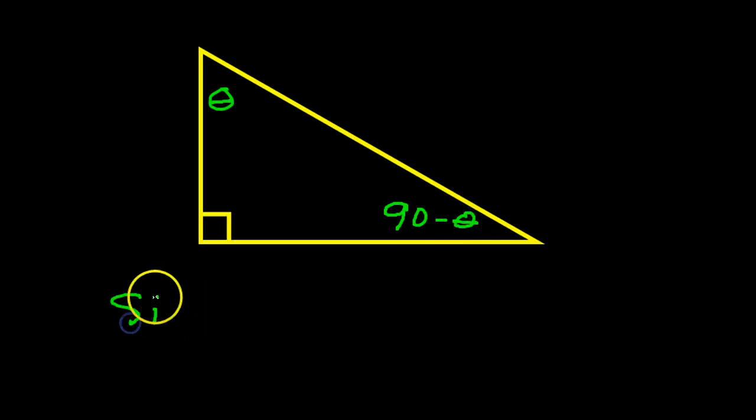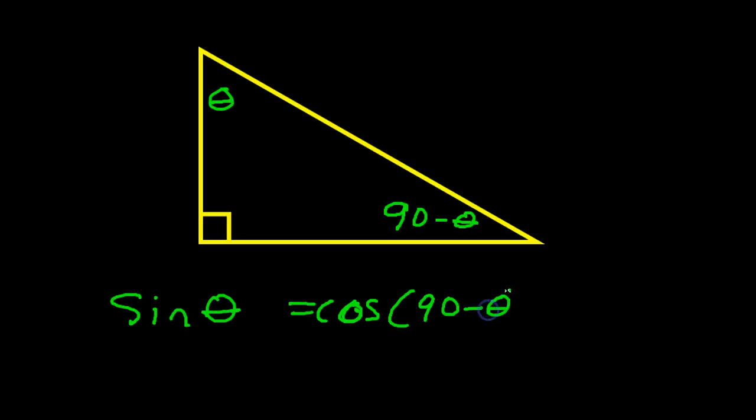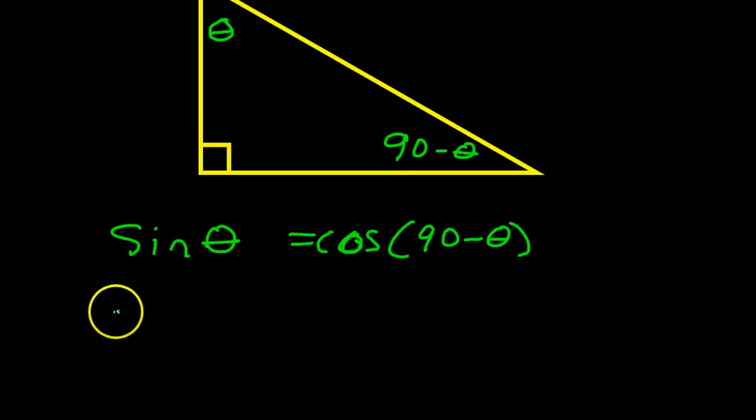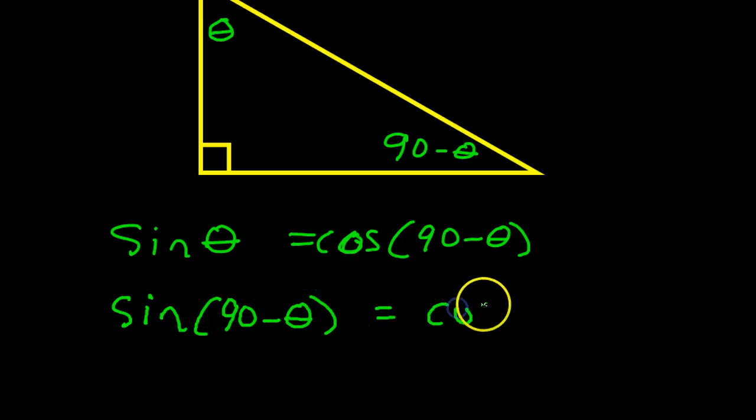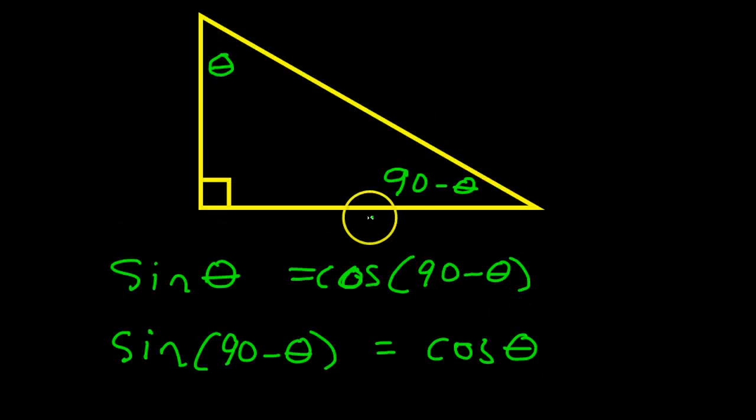So the sine of theta will equal the cosine of 90 minus theta. Or I could have said it the other way around, the sine of 90 minus theta will equal the cosine of theta. Sine of one angle will equal the cosine of the other angle.